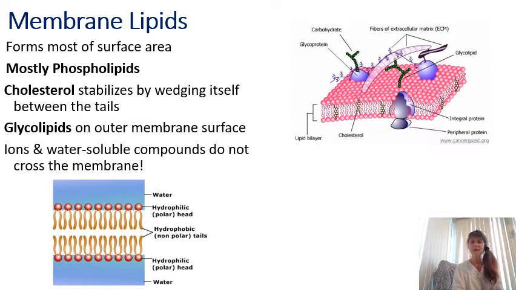Phospholipids make up the plasma membrane as they are arranged in something that is known as a phospholipid bilayer. That means there's two layers of phospholipids.